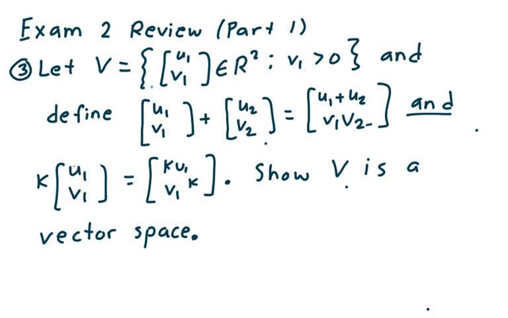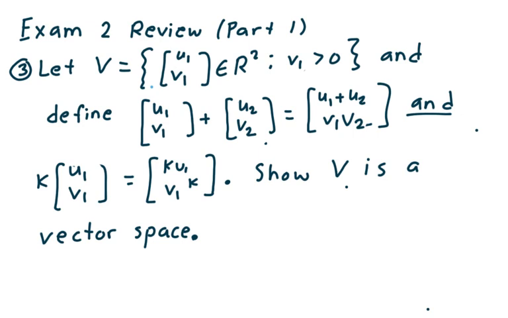Let V be the set of all column vectors (u1, v1) that belong to R2 where v1 is greater than 0. And we're going to define vector addition and scalar multiplication as follows. If I take the column vector (u1, v1) and add it to the column vector (u2, v2), I'm going to add the first components and then multiply the second components.